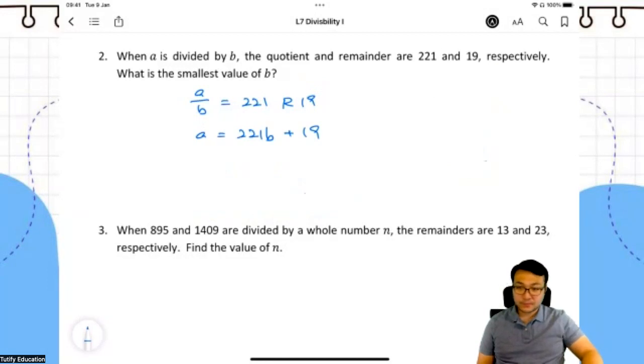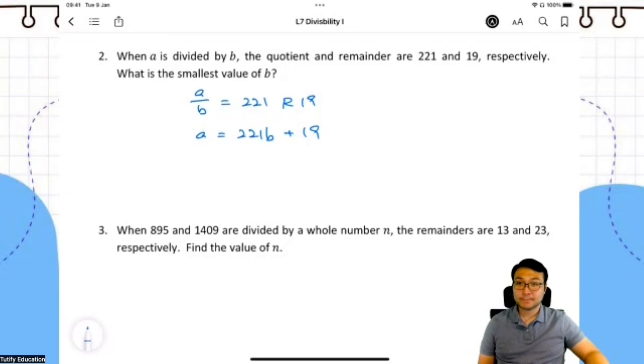Now, do you agree? The question is actually quite simple. They're asking you what is the smallest value of B. So you know that the remainder is 19, right? So can the number B be smaller than 19, or must it be bigger than 19?